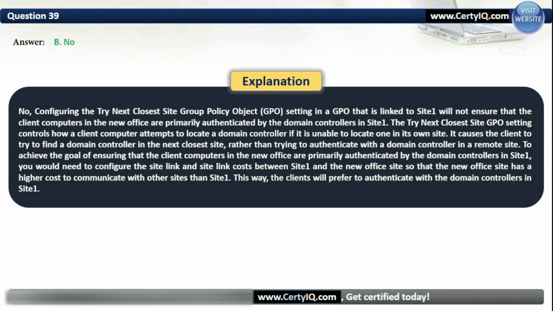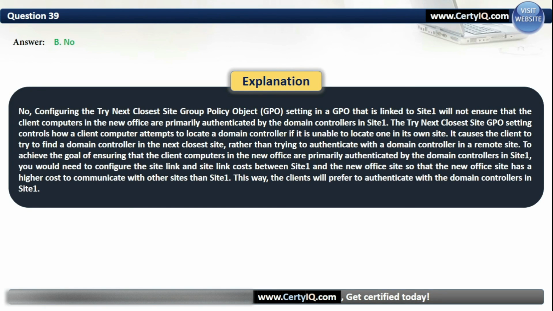Configuring the Try Next Closest Site Group Policy object setting in a GPO that is linked to Site1 will not ensure that the client computers in the new office are primarily authenticated by the domain controllers in Site1. The Try Next Closest Site GPO setting controls how a client computer attempts to locate a domain controller if it is unable to locate one in its own site. It causes the client to try to find a domain controller in the next closest site, rather than trying to authenticate with a domain controller in a remote site.